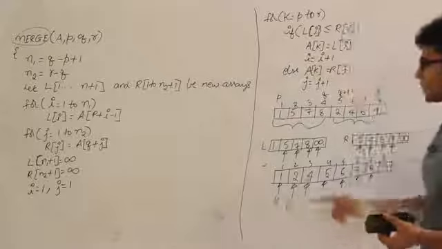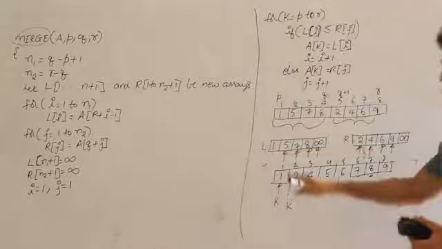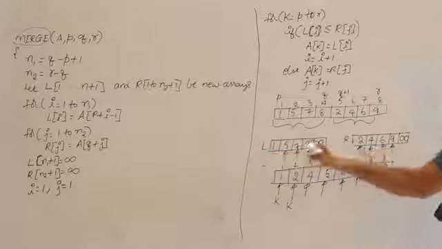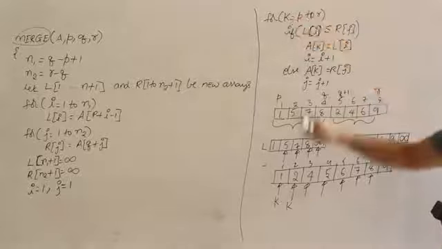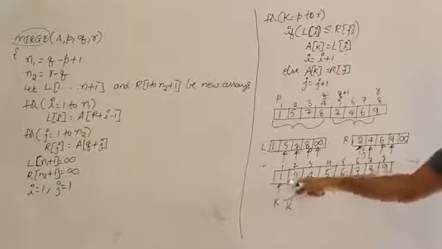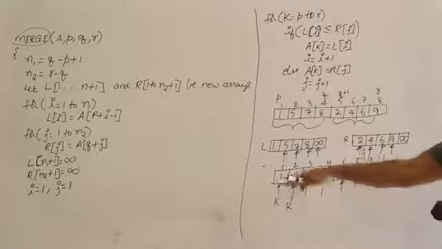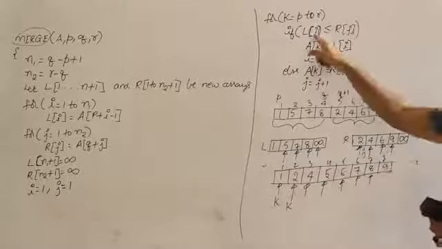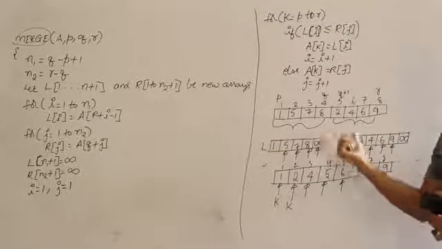And then I start comparing. So I start with i equal to 1, j equal to 1, which means I start with this pointer 1 and this pointer 1. And now for k equal to p to r, which means the entire elements, I am comparing between left and right, which one is less.